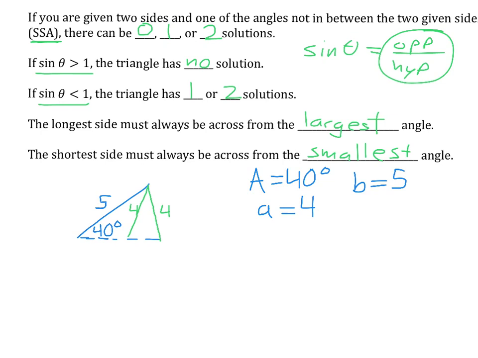So with this information, you could have this as the triangle, or with the same exact information, you could have this as the triangle. Both of those triangles have a 40-degree angle, a side of 5, and a side of 4. So that's why there's 2 possible solutions sometimes.